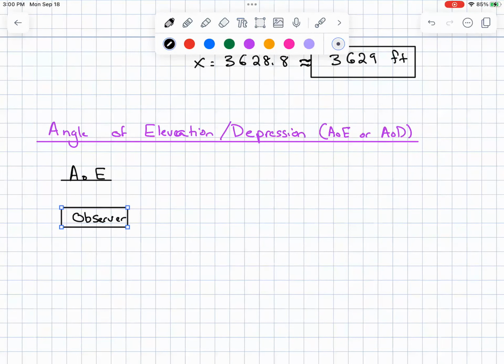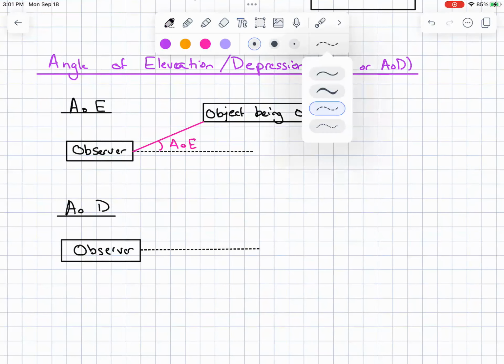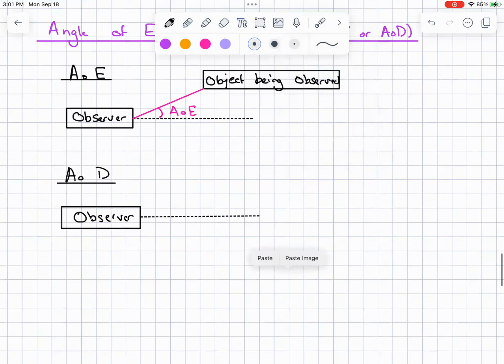So when you're looking straight, and then at the object you're looking at, that angle is the angle of elevation. Whereas the angle of depression, as you might imagine, is done similarly. Observer, it's right here. And then you have their horizontal, the way they would view the world by looking completely straight. And then you have the object that they are observing, which is below them.